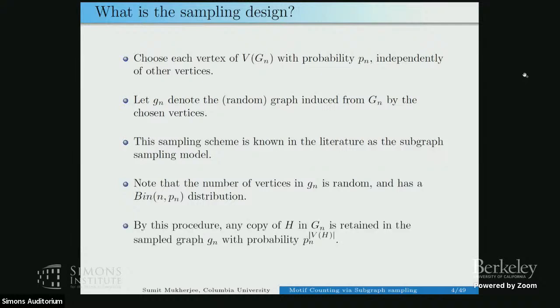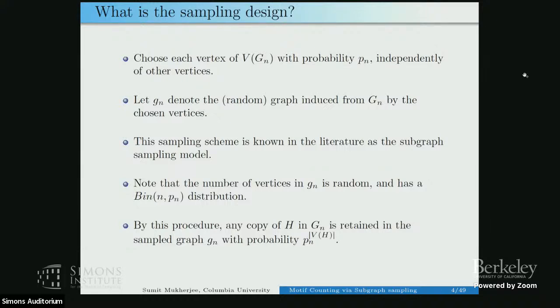And so let's try and come up with a reasonable estimator, and this seems to be the most natural estimator that one would come up with. So let's motivate the estimator. If you have a particular copy of H, let's say a triangle, with vertices 1, n, and n minus 2, you want that copy to be retained in your sample. So you need to pay for each vertex to enter your sample. So you're going to pay p cubed.